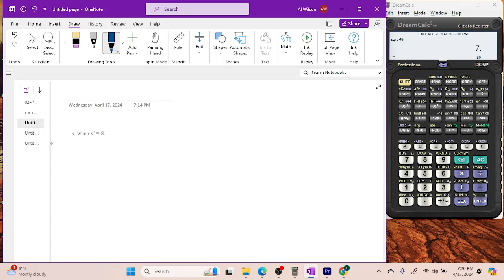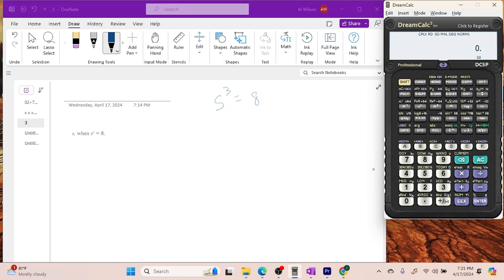And then for this question, we're solving for s when s cubed is equal to 8. There are several ways you can do it. If you're very familiar with cubes, you would know the answer already. But for those that are not, we'll be using our calculator.